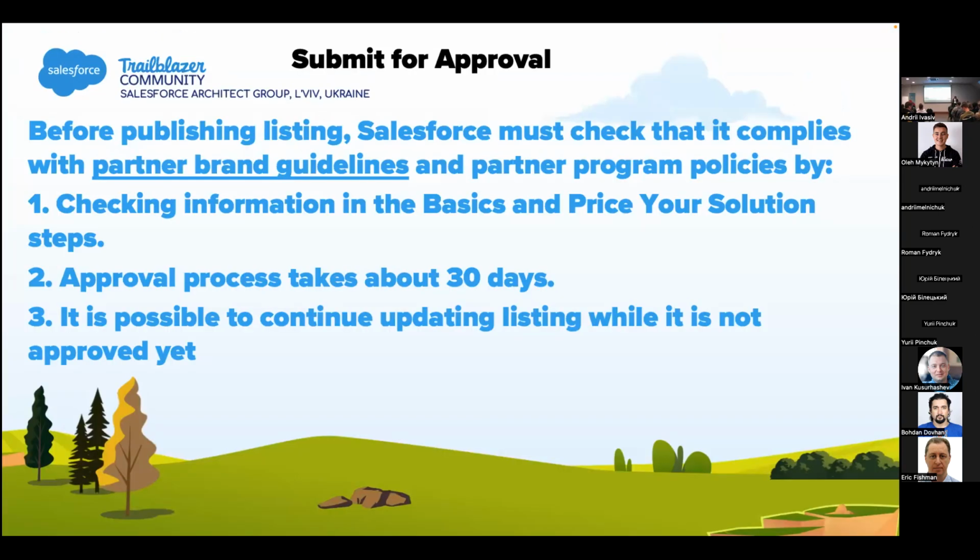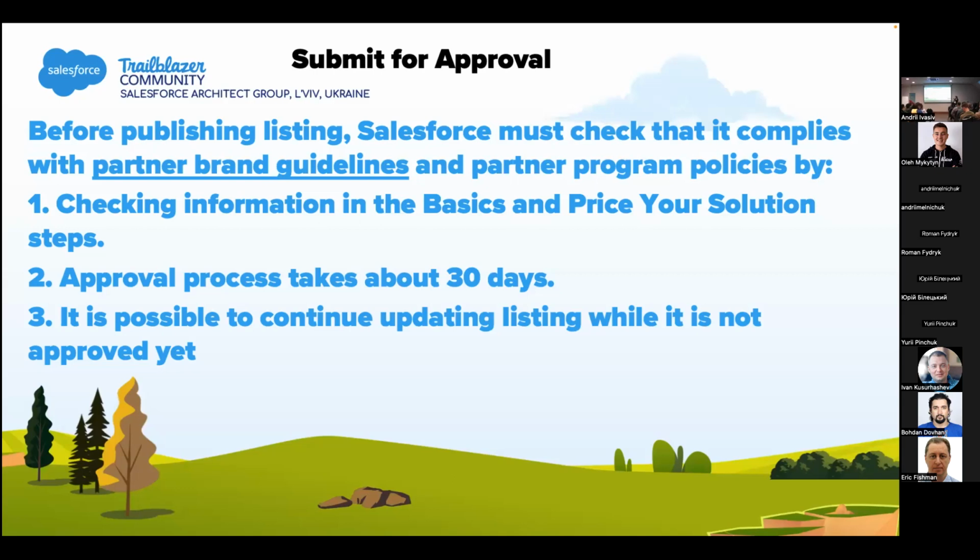So before publishing a listing, Salesforce must check it complies with partner brand compliance and partner program policies. So they will be checking information which you provided in the basics and price your solution steps. And this approval process takes about 30 days. And it's possible to continue updating the listing while it's not approved yet.